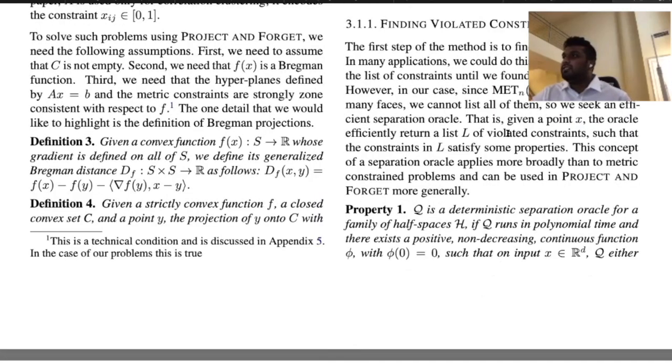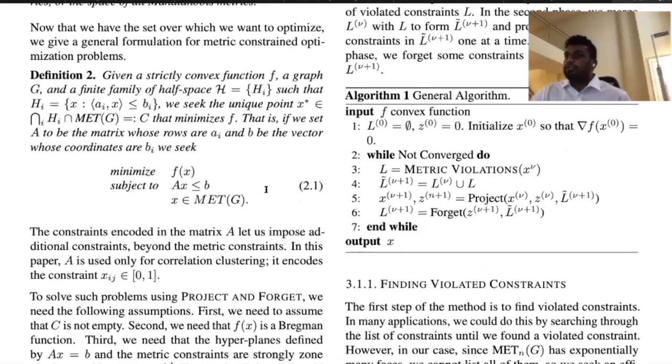Okay. So yeah, that was the oracle. Right, so we have this problem that we want to solve, and the basic algorithm is you use your oracle, here we say metric violation for the metric constraints, to return some list of violated constraints. You have a list that you already maintained from previous iterations.